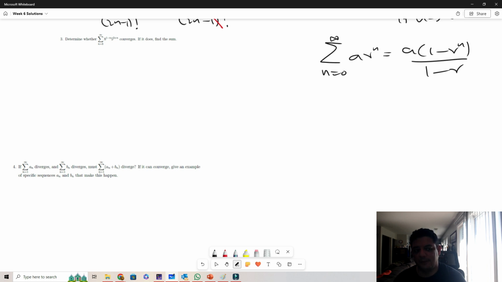So this is the sum that relates to this. But in this scenario, we have n equals 3, so we gotta fix first that, so it starts from 0. So I'm gonna make a change on the value. I'm gonna say k plus 3 is gonna be equal to n.